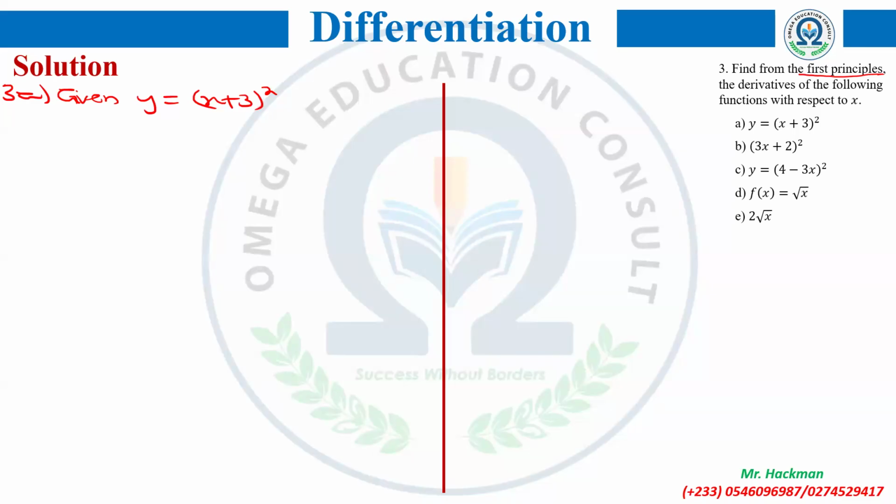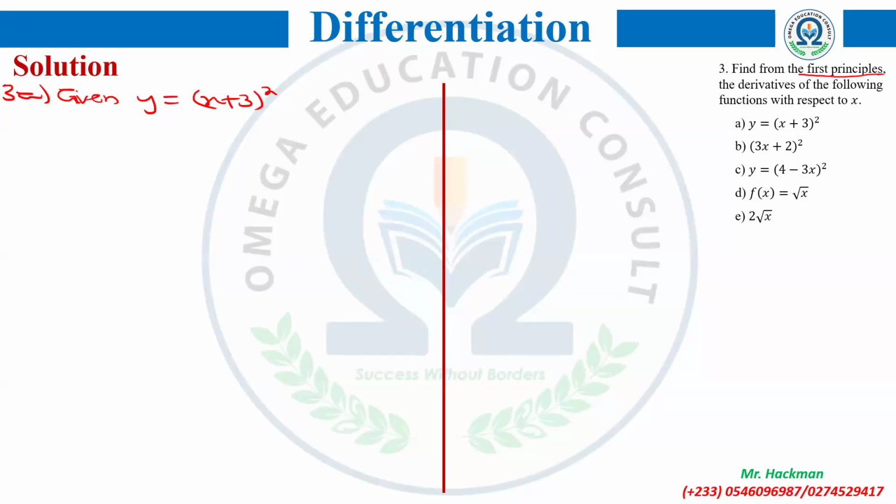Okay, so first of all, I'll represent y with f of x. Then for the function x plus 3 all square, I'll make it x plus h plus 3 all square. Then I continue from there, differentiating by first principles.